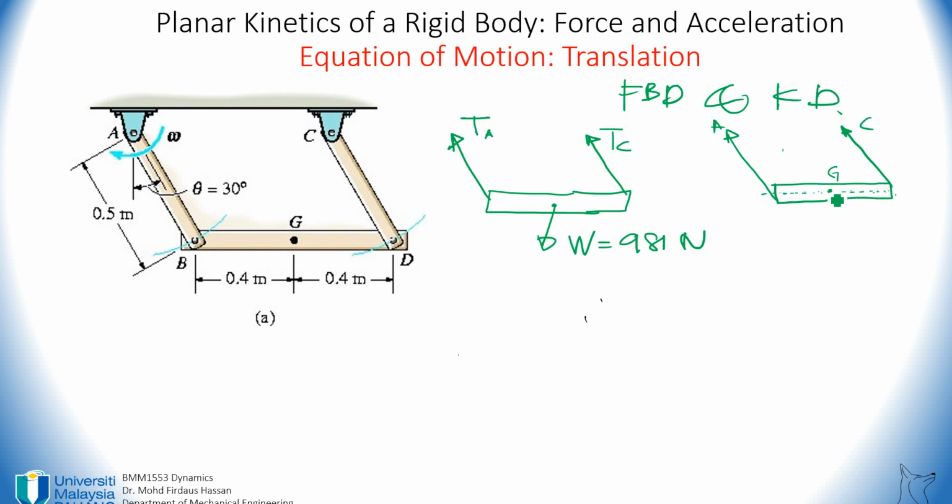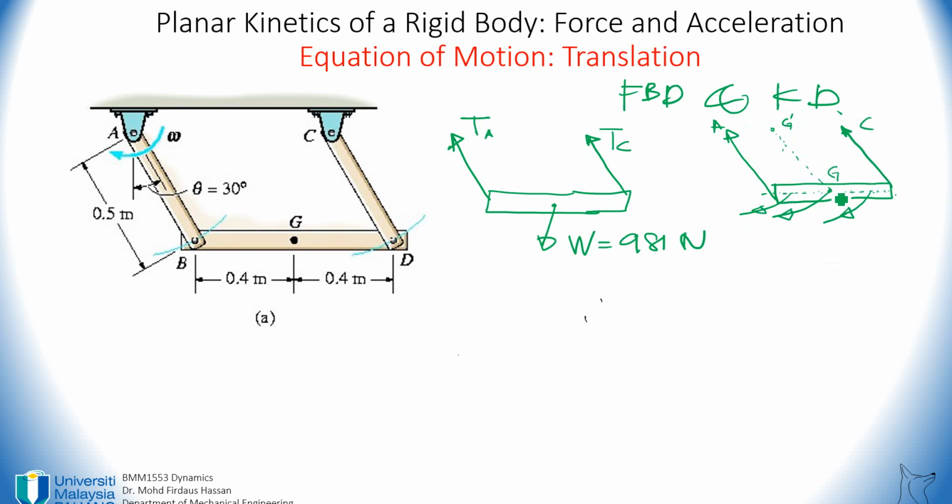If this one swings like this, then this other point also swings like this, on the same path, same vector. So the radius of the point of rotation for G is somewhere here.